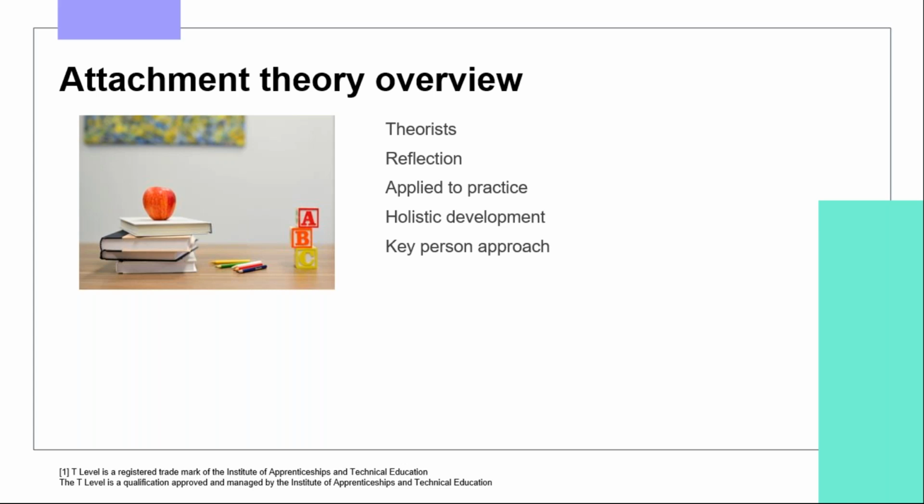Settling into a setting for the first time, or even if the child is moving from room to room, procedures should be in place to support the settling in period. Some children find settling in difficult, and this can be highly emotive for everyone involved. Leading with compassion in these circumstances is so important, and having a clear understanding of attachment theory will support that.